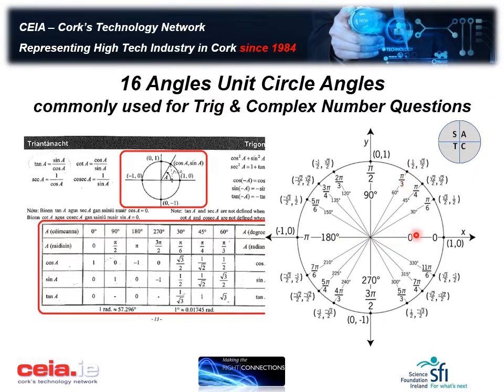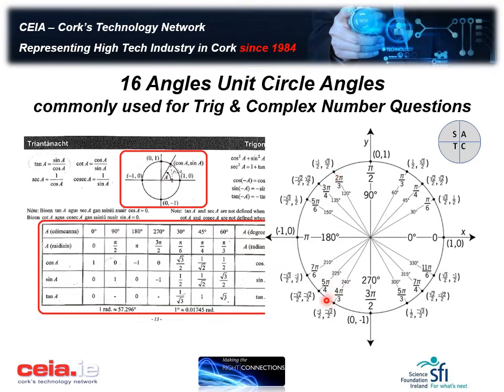It'll be a half in both cases, but this is in the negative x-axis, whereas this is in the positive. So for 2 pi over 3 radians, we expect the cosine and sine values to be similar, but we switch the sign of the cosine, so it's minus a half and root 3 over 2, which is what we have up here.